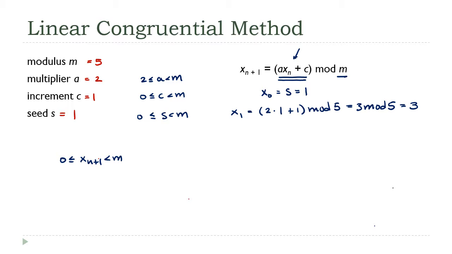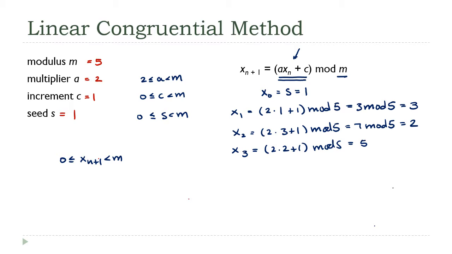Now we do it again. X sub 2 is 2 times 3 plus 1 mod 5. That's 7 mod 5, and when you divide 7 by 5, the remainder is 2. And we keep going. X sub 3 is 2 times 2 plus 1 mod 5.